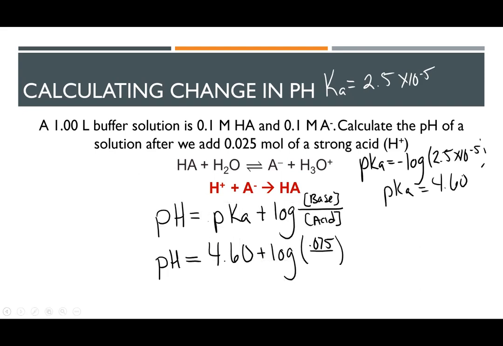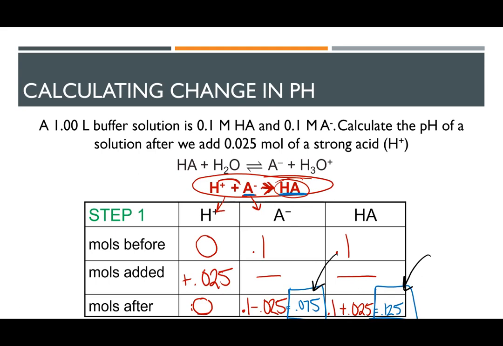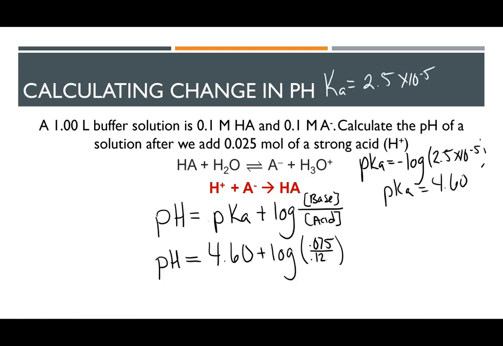And the concentration of our acid after everything was added is the 0.125. So pH equals 4.60 plus. So I'm going to take 0.075 divided by 0.125. And that's 0.6. I'm going to take the log of 0.6. And that is negative 0.22. So pH equals 4.60 minus 0.22, 4.38.